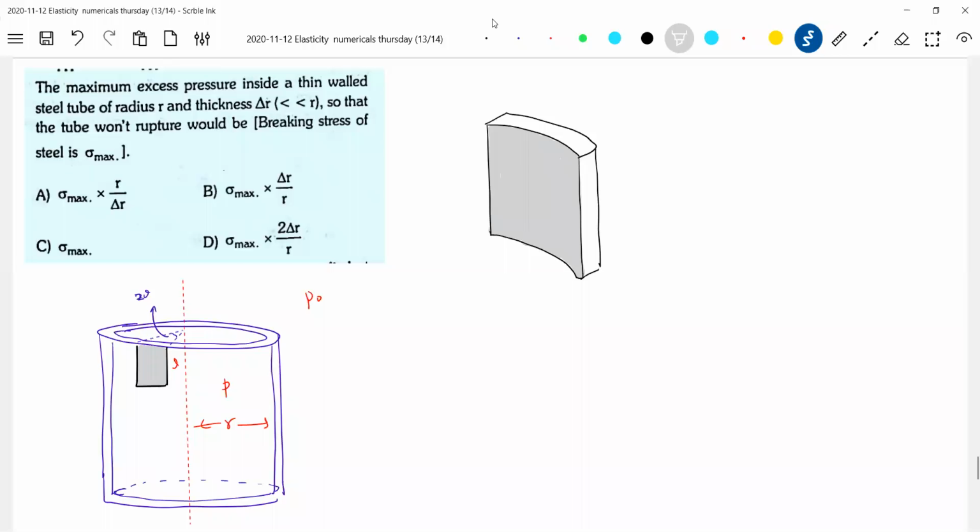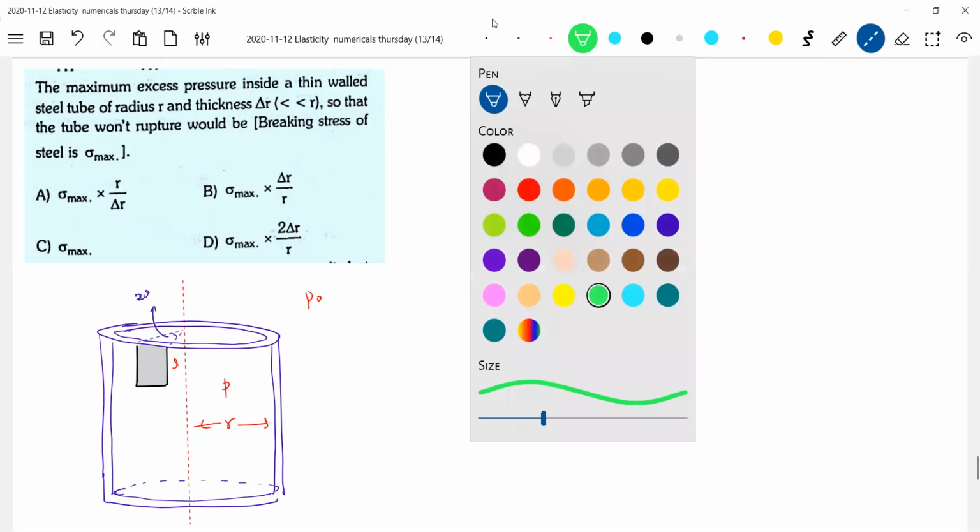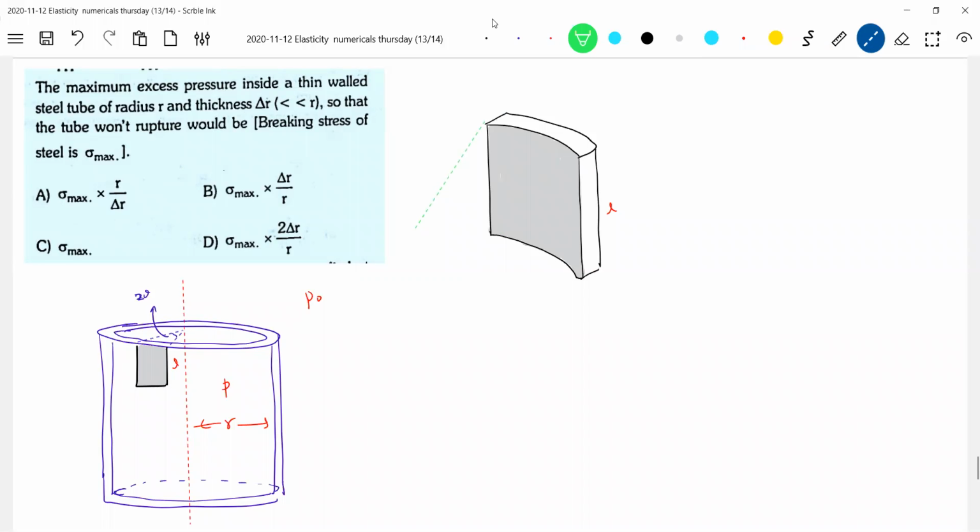So this is the length L, what we assumed. This is O. So this is 2 theta, what we have seen. And this is delta R, the thickness, and this is R, the radius of the pipe.